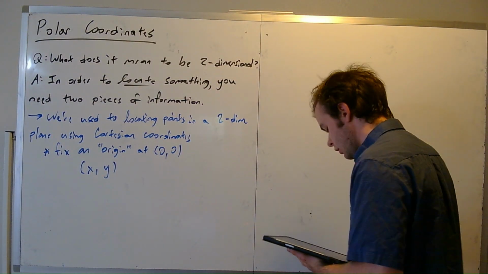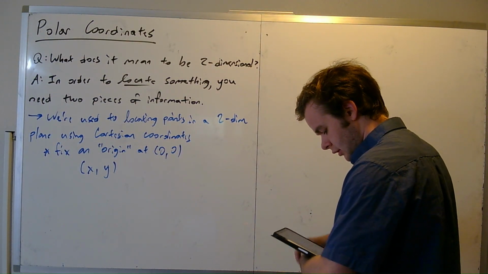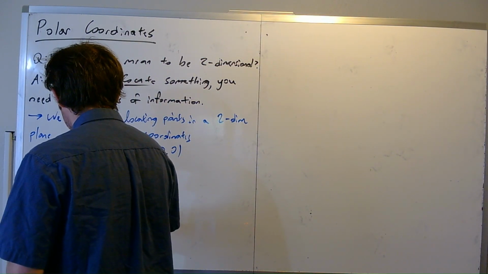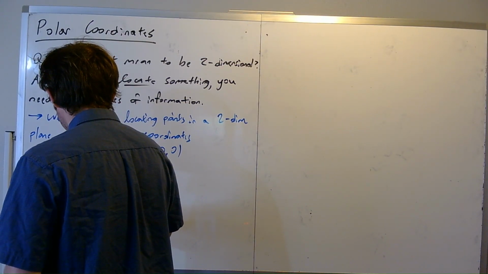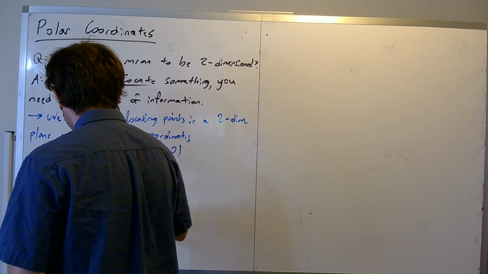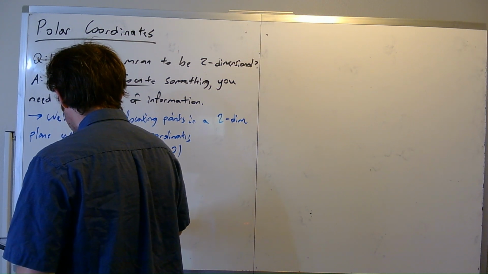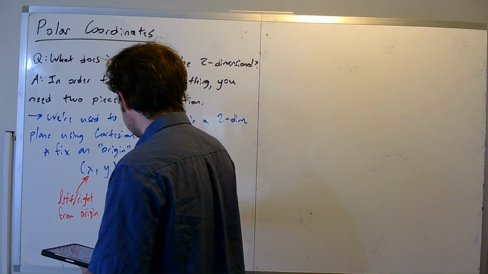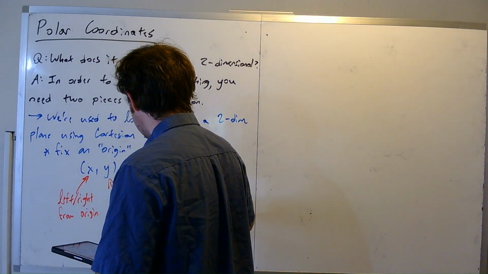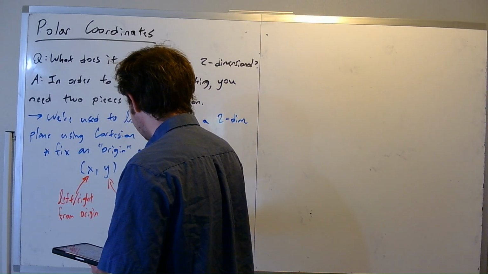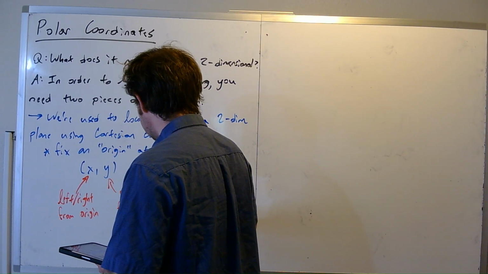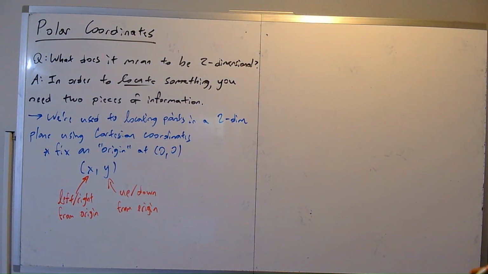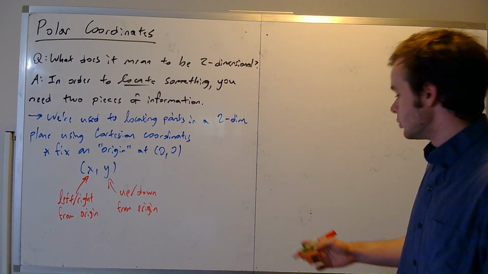And here, what we can write is that x is the direction left or right from the origin, and y is going to be the direction up or down from the origin. Right, so that's how we're used to just describing the location of points on a plane.